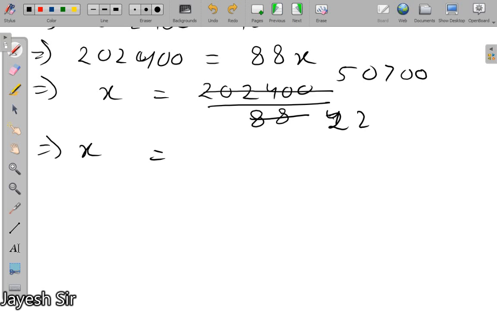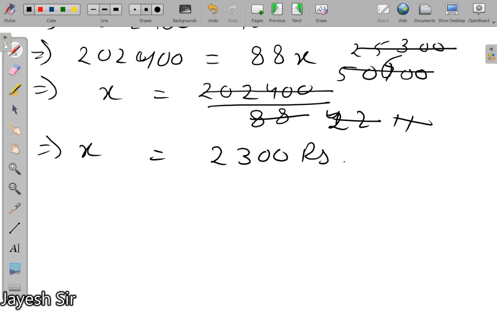So then let's start with 2. 4 5s are 20, 0, 4 6s, it is 6, sorry. Then again by 2, 2 2s are 4, 2 5s are 10, 2 3s are 6, 0, 0, and 11 times, so it is 2300 rupees. So this is the cost price.